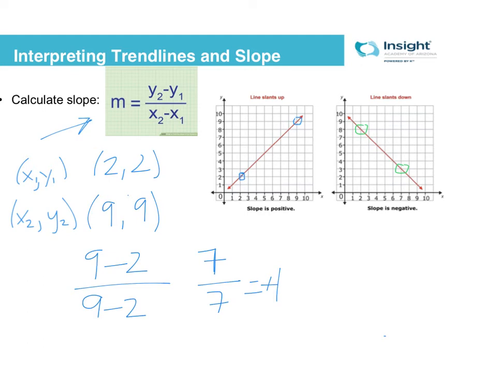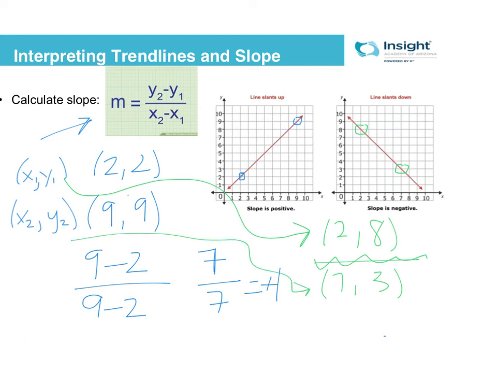My x1, y1 is going to be 2, 8, and then my x2, y2 is 7, 3.